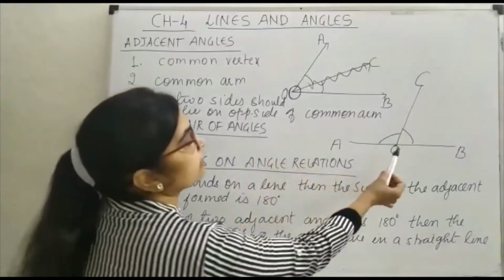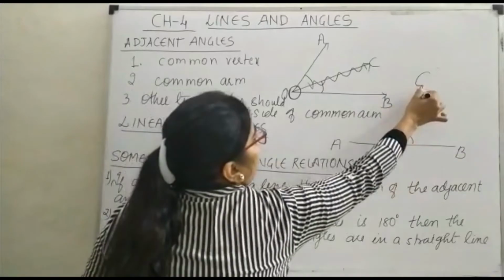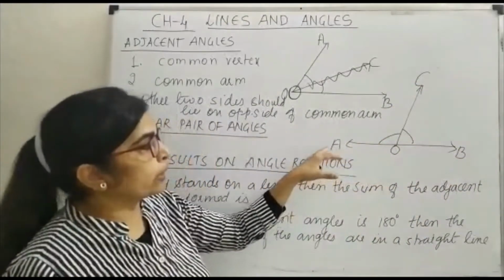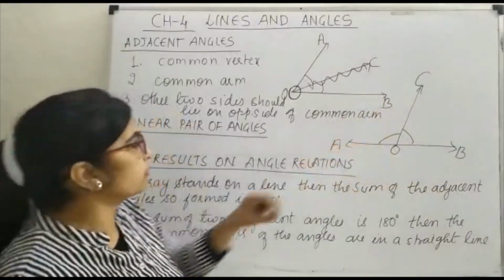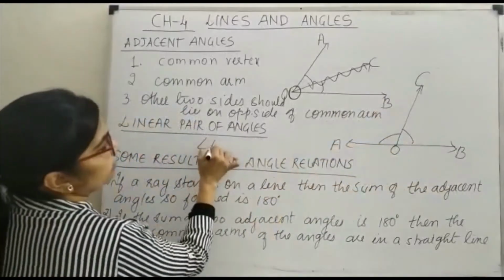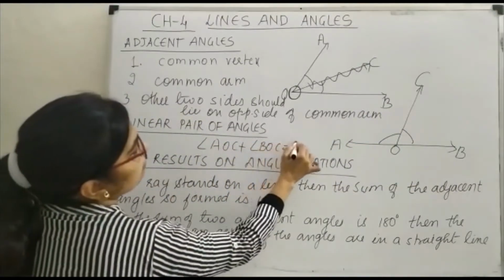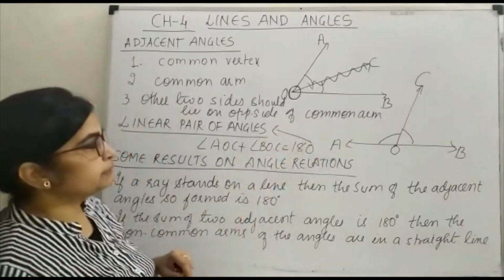Here also this is the common vertex, OC is the common arm and the non-common arms, OA and OB, are on opposite sides of OC, and the condition is angle AOC plus angle BOC is equal to 180 degrees, that is for the linear pair.